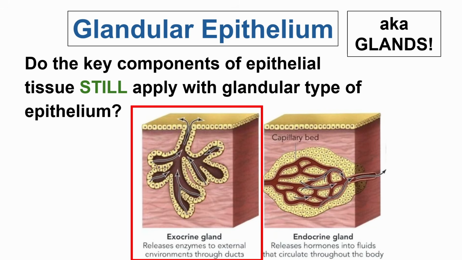The main difference between the two is that the exocrine gland functions to release its secretion outside of the body. May it be the outside surface of your body or outside into the lumen of your stomach, etc. Or in the lumen of your mouth.